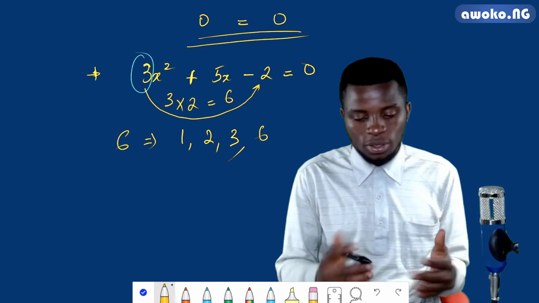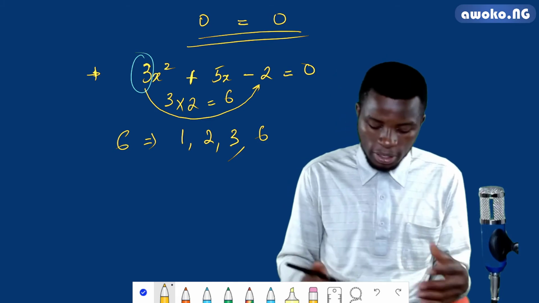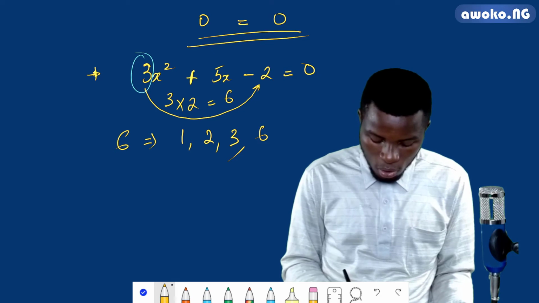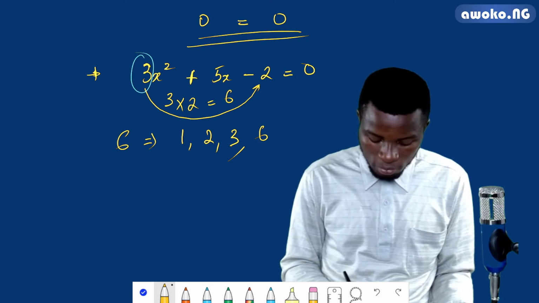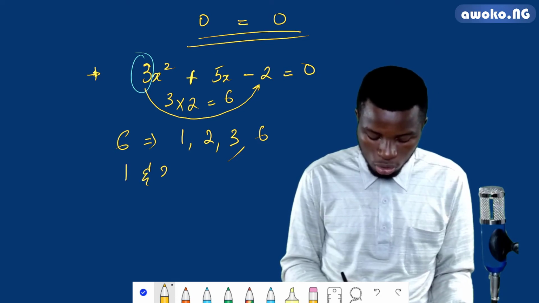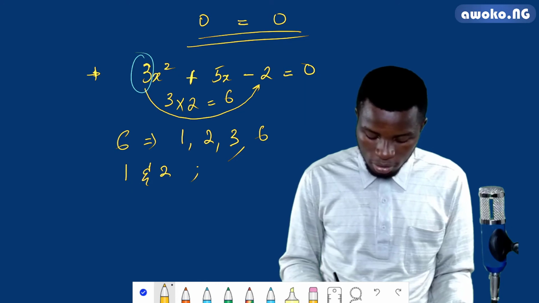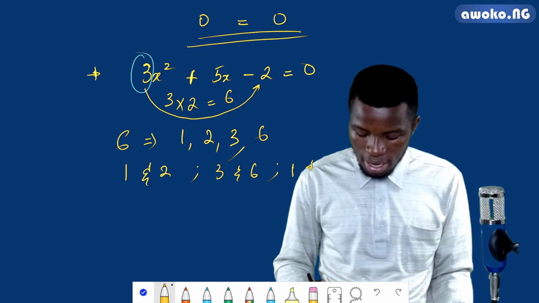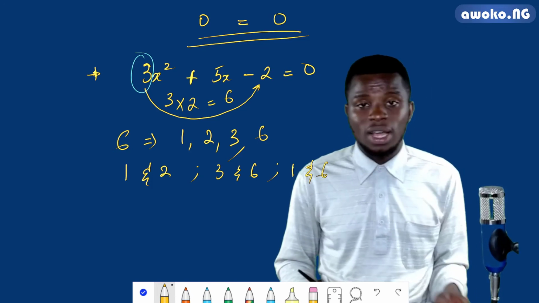So we can consider using 1 and 2, we have factors 1 and 2. We have factors 3 and 6. You can also have factors 1 and 6, and so on and so forth.